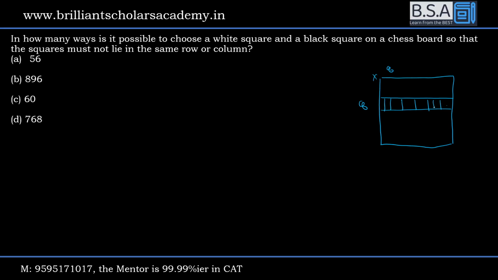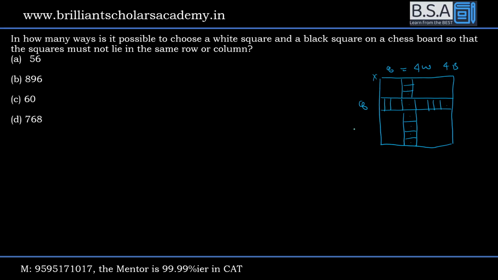There are going to be 8 boxes horizontal and 8 boxes vertical. So horizontally, whenever you see out of these 8, 4 are going to be white and 4 are going to be black.